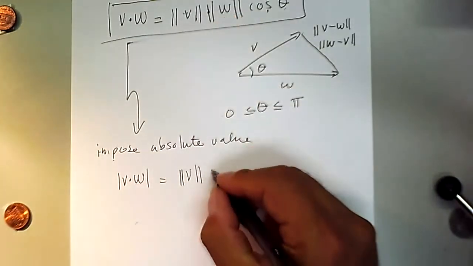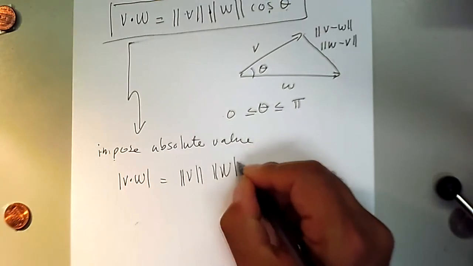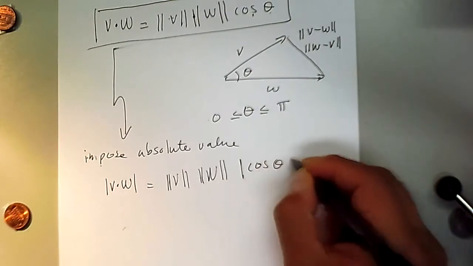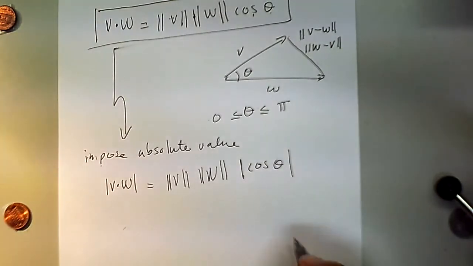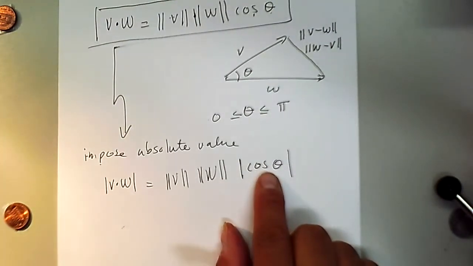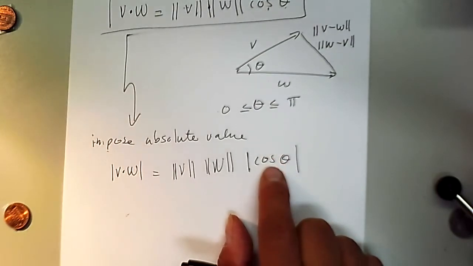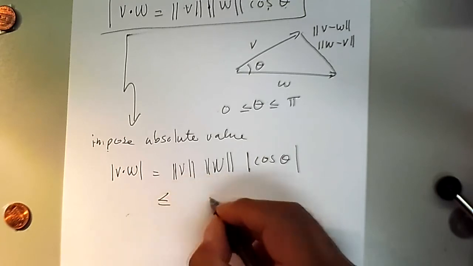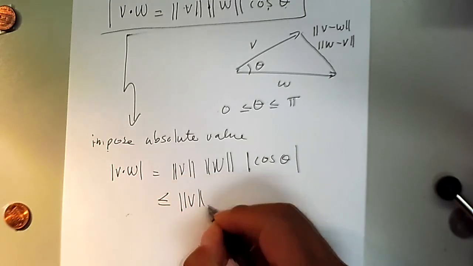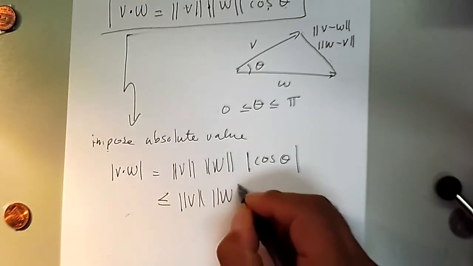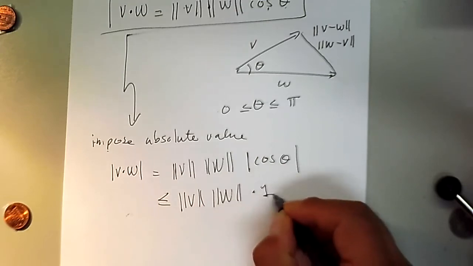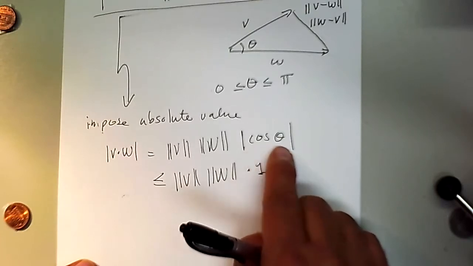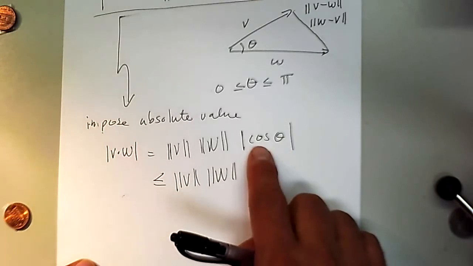That is positive, and that is cosine of theta. This could be positive or negative, we don't know. But whatever it is, it is less than 1. So this is less than or equal to the length of V times the length of W times 1, because 1 is bigger than or equal to the absolute value of the cosine of theta, no matter what the angle is. The most cosine can be is 1.